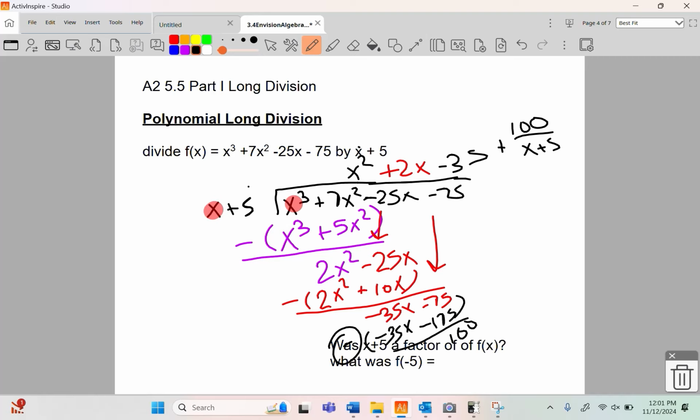With a remainder of 0. Remainders determine whether you're factors or not. Did we have a remainder? Yes. What was it? So, was this a factor? No. It had a remainder.